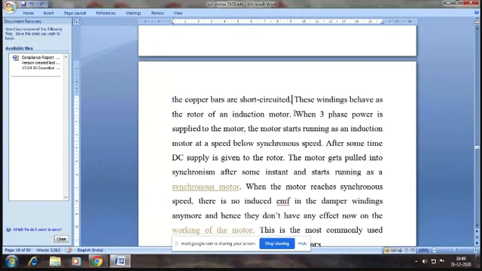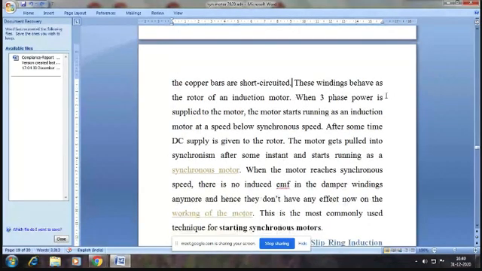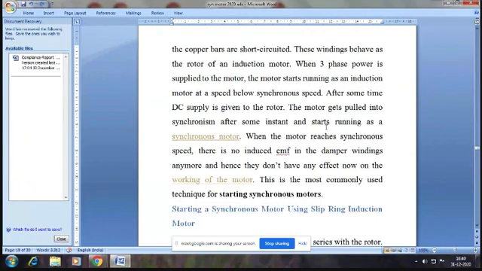Yes, sir. Right. When three-phase power is supplied, the motor starts running as an induction motor at a speed below synchronous speed. Obviously, because an induction motor has to run at a speed below synchronous speed. After some time, DC supply is given to the rotor of the same machine. The motor gets pulled into synchronism after some instant and starts running as a synchronous motor.